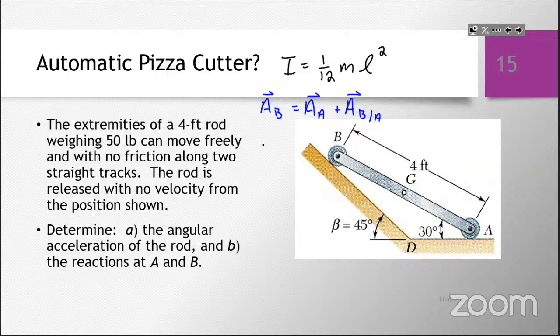How do we get that? This is a general plan. We use this equation, right?